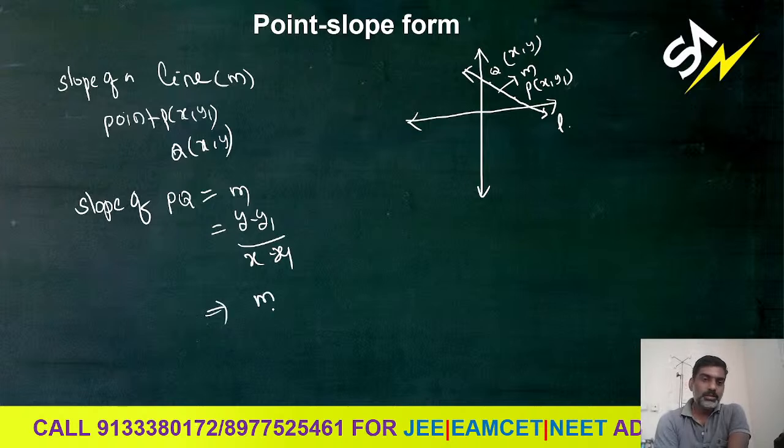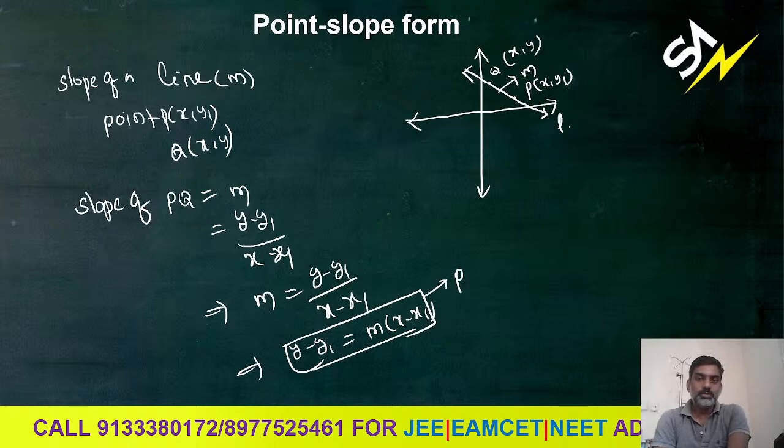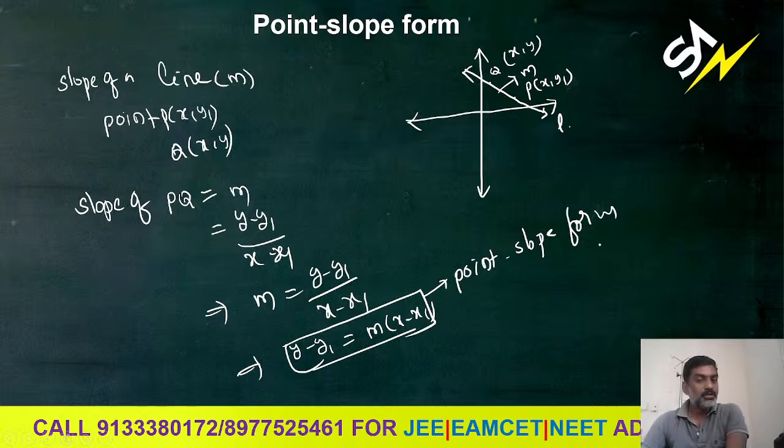That means m is equal to y minus y1 divided by x minus x1. This implies y minus y1 is equal to m times x minus x1. This is called slope point form. What do we call this? Point slope form.